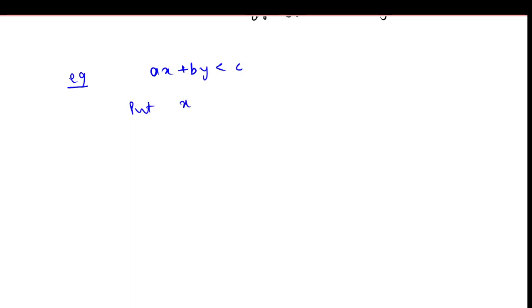So now, for example, ax plus by less than c. Put x equal to 0 and y equal to 0. So we get 0 is less than c. Therefore, 0 lies in the lower half.